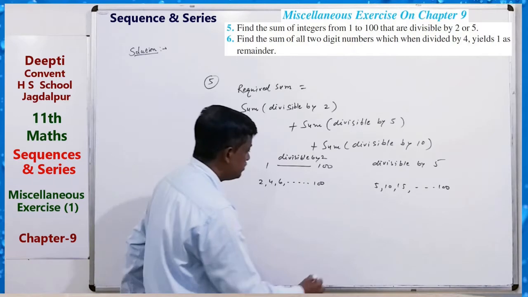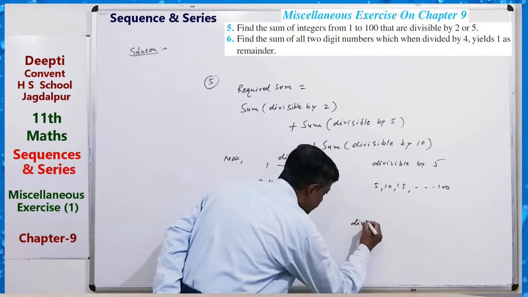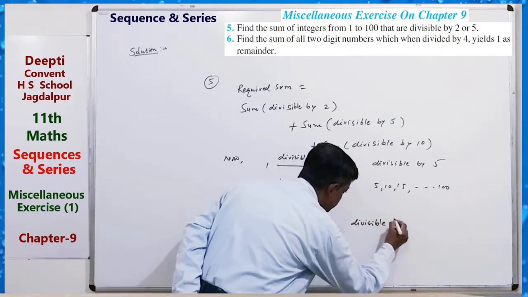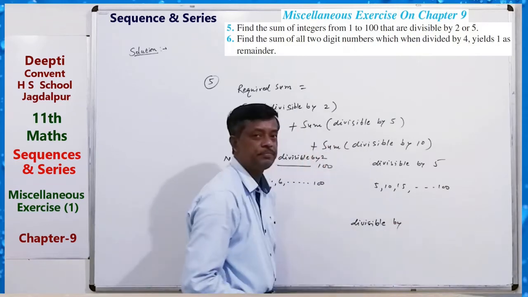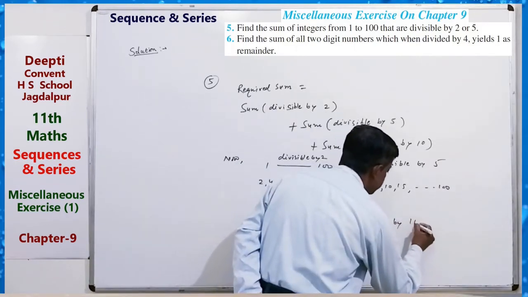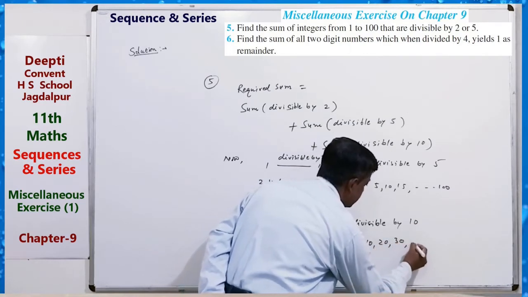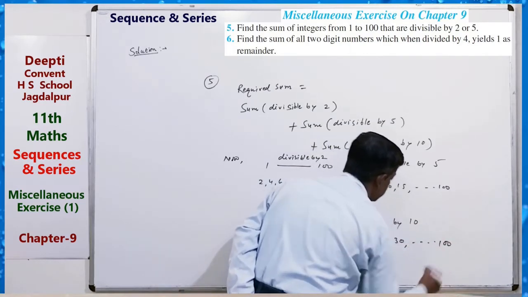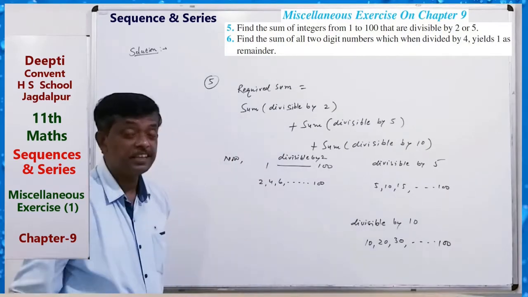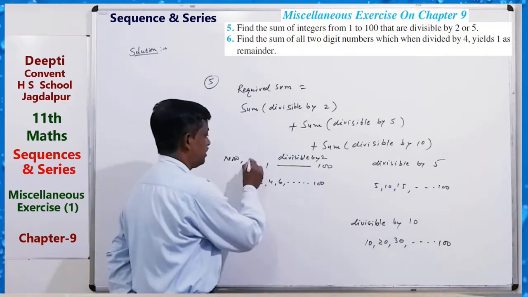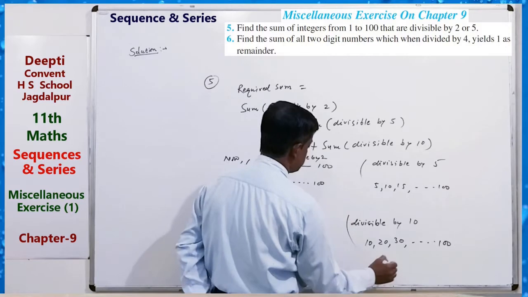And divisible by 10: 10, 20, 30 up to 100. In these 3 cases, one gets this, one gets this, one gets this.